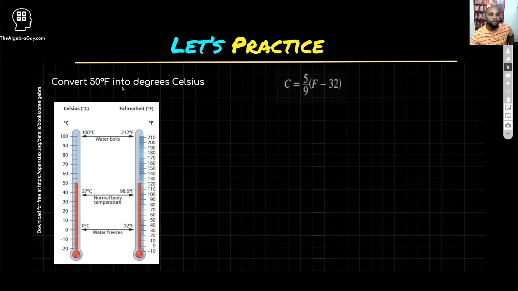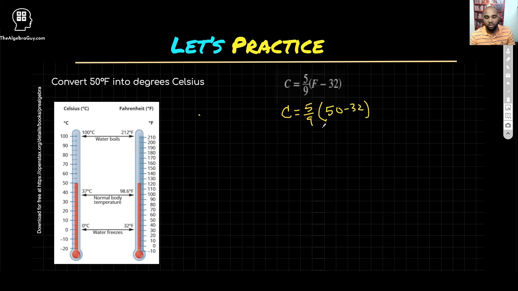All right, convert 50 degrees into Celsius. Now here's our equation here. We're not going to have the same setup. We're just going to have to plug this one in. So we got 50 degrees, and we want Celsius. We're going to say C equals 5 over 9. C stands for Celsius. 5/9 times Fahrenheit, which is 50 minus 32.